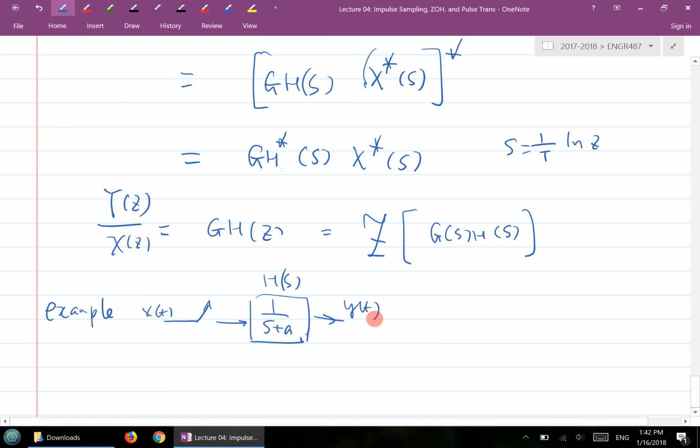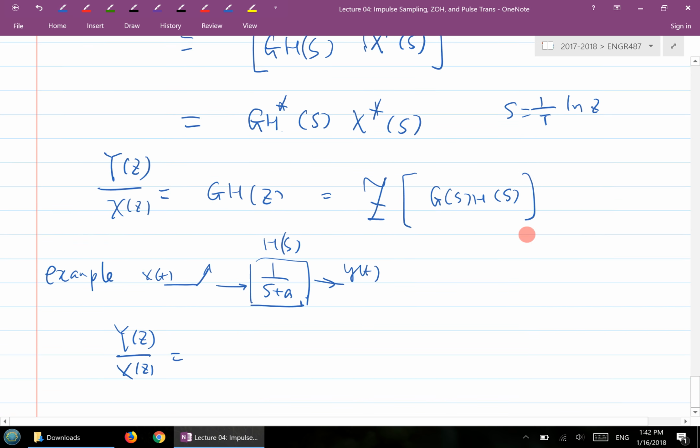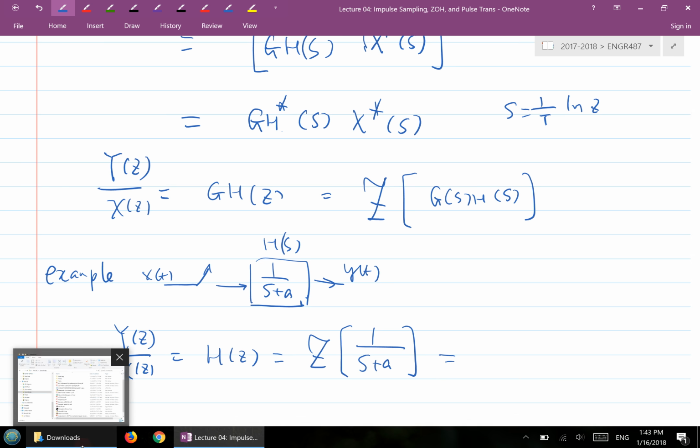So as we just derived, what's the pulse transfer function if I'm interested? It's H of Z, which is the Z transform for this 1 over S plus A. Is that good? So how do I go from here to here then? Use the Z transformation table.